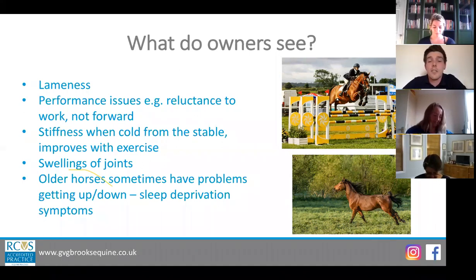So, it's not a common reason that I'll be chatting to an owner, but certainly this sort of sleep deprivation type symptoms where owners are seeing horses that are stood tied in the yard being groomed nice and relaxed and they just fall asleep, and sometimes end up hitting the deck falling asleep. That often is because that horse has got some sort of joint pain and they're just struggling getting up and down.